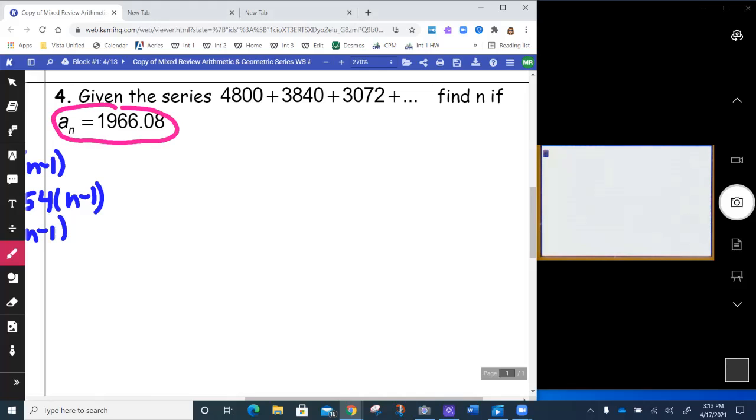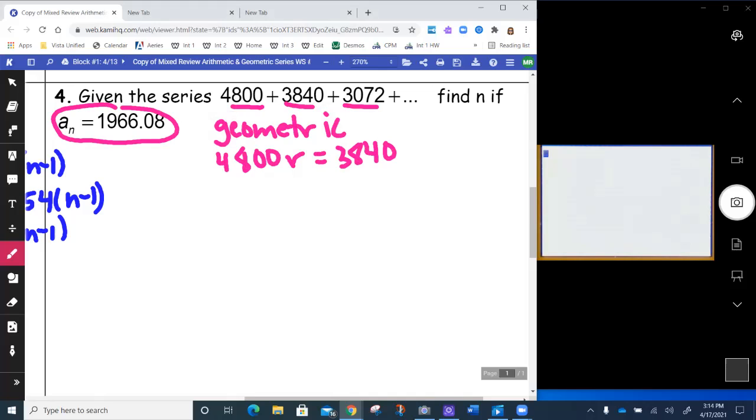Now looking at this, when these are all nice numbers, all of a sudden we get a decimal, I'm thinking geometric. Okay. And so to figure out what I'm timesing by, I'm going to take 4800, which is my first term, times r equals 3840, and see what my r is. So 3840 divided by 4800 is 0.8.